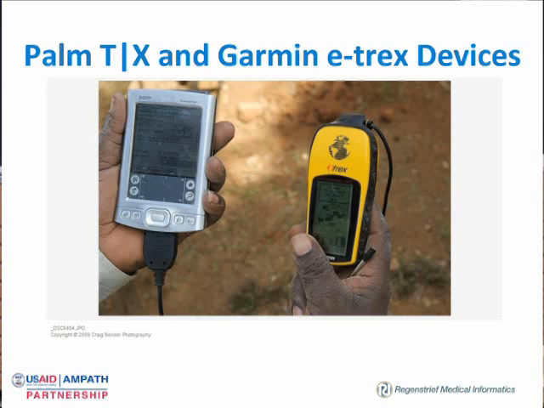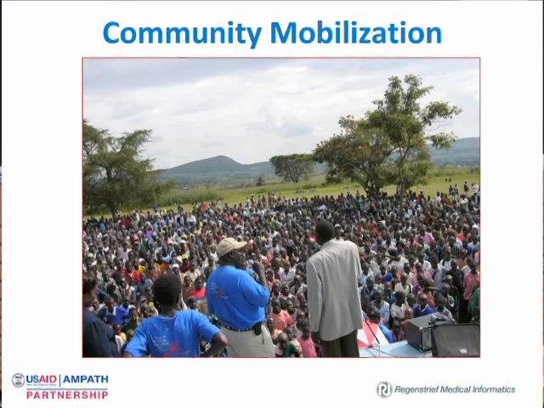We had just a PDA and an external GPS device connected via cable. For community mobilization, we make sure the leaders and everyone say, okay, you can go to our households and talk to the people, giving community consent before you go to the household and get household consent.